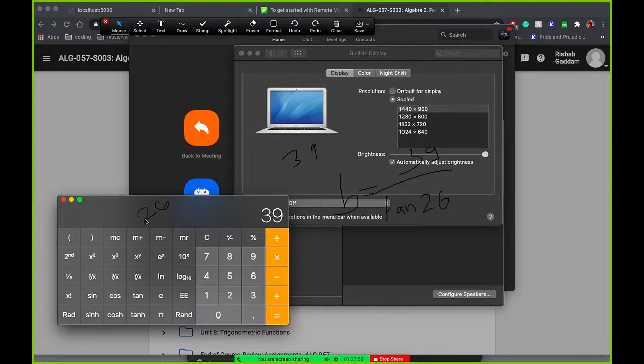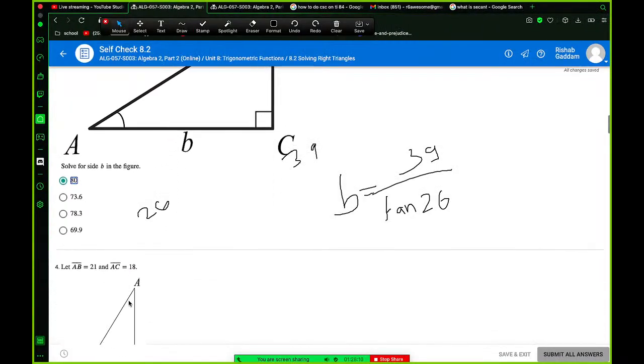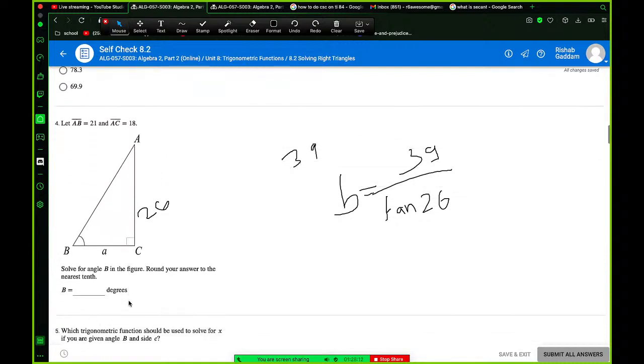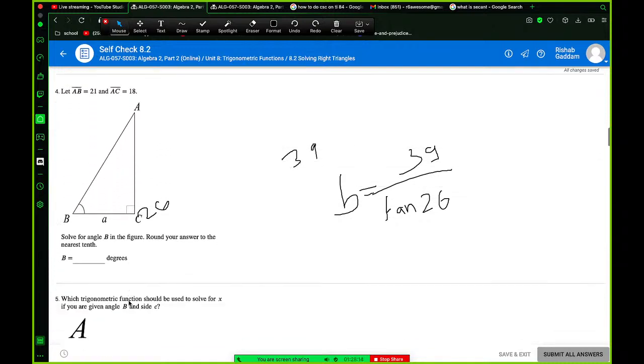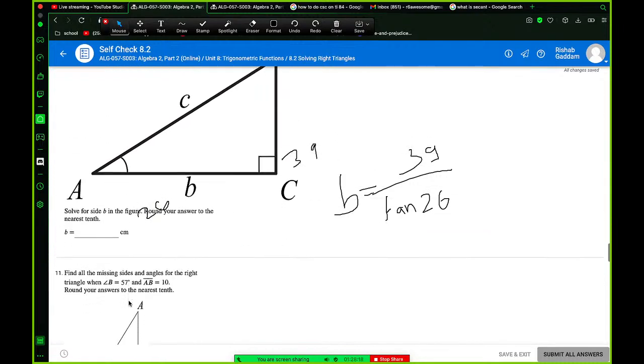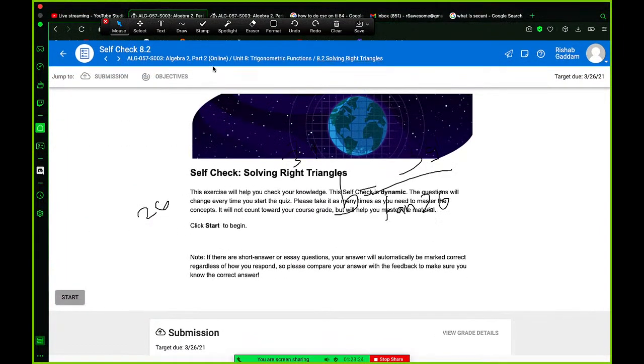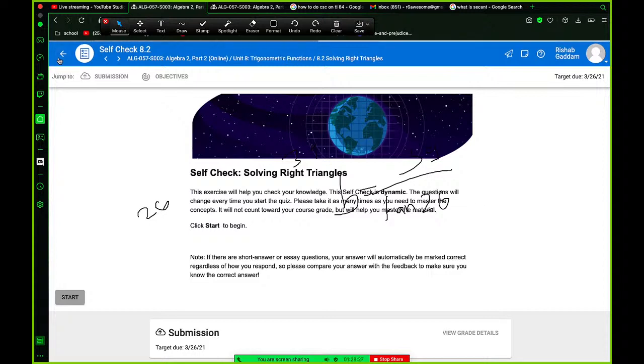So you have 39 divided by 26 tan. Yeah, you get 79.96. That's 80. Okay, I think Satvik, you're wrong for some reason or another. I think those are the types of problems that you get in this thing. So we're just gonna leave this one as it is, and we're gonna do some other stuff.